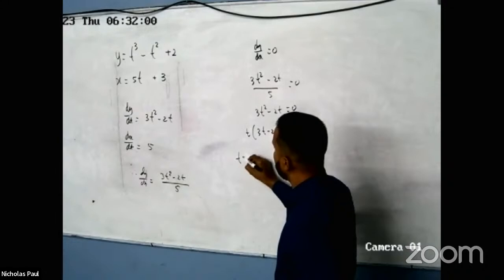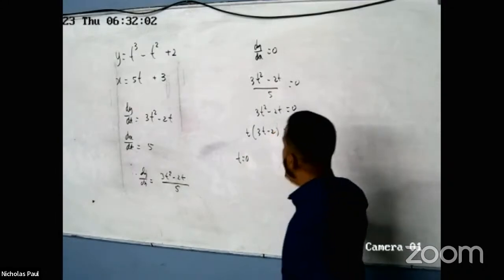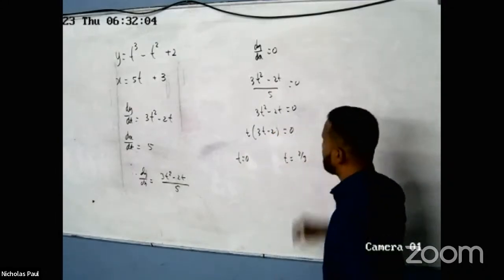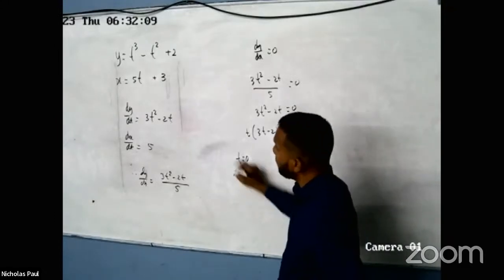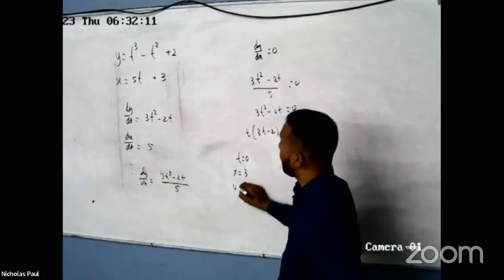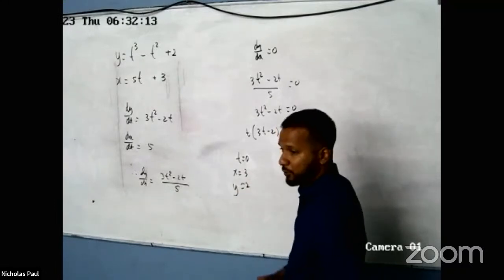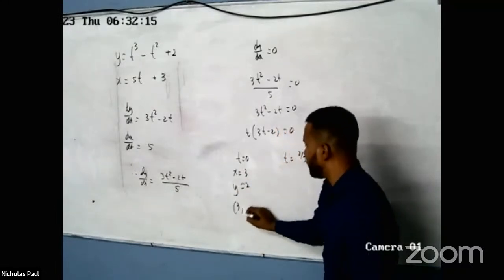So when t is 0 and when t is 2/3, you want to find the x and the y. When t is 0, x is equal to 3, y is equal to 2. That's your first stationary point, (3, 2).